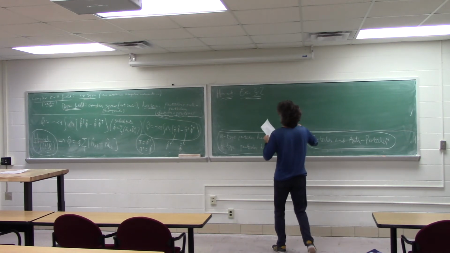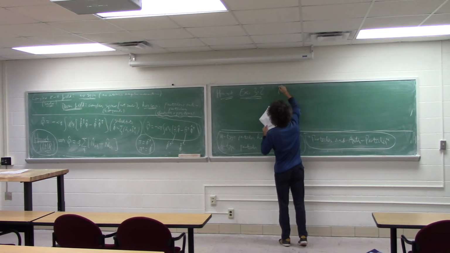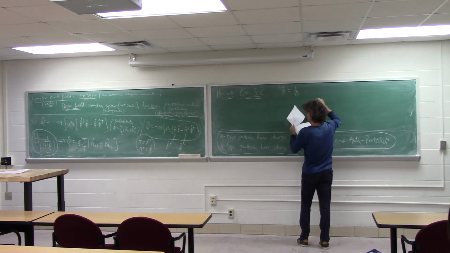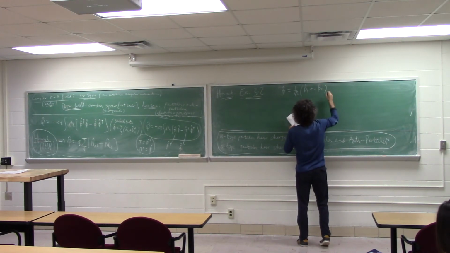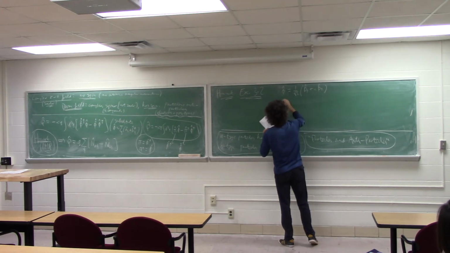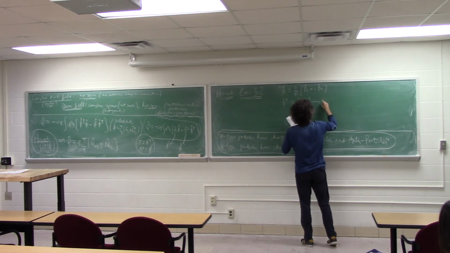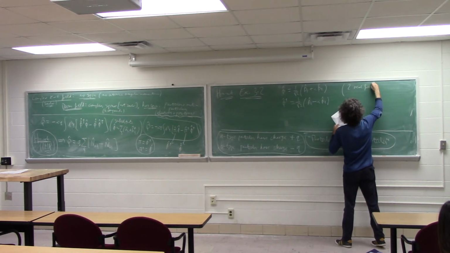What you're asked to do is to write the field. So let's look at our operator field. We've got a complex Klein-Gordon field, and let's write it in terms of two real fields, Phi1 and Phi2.